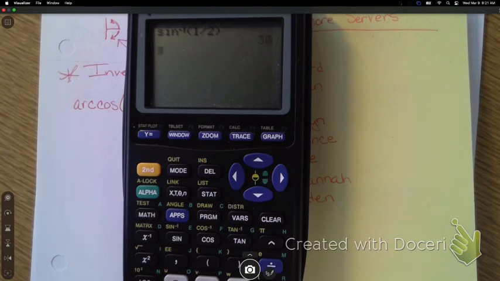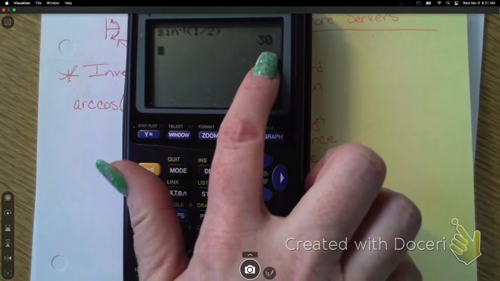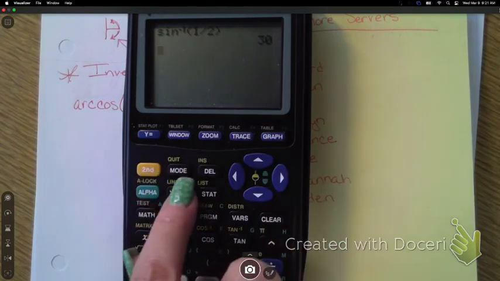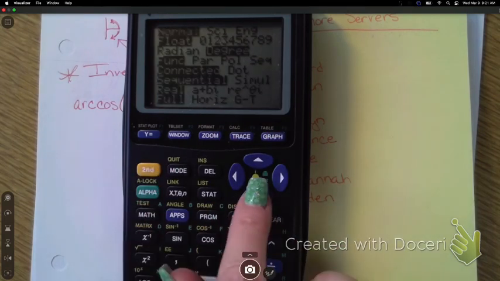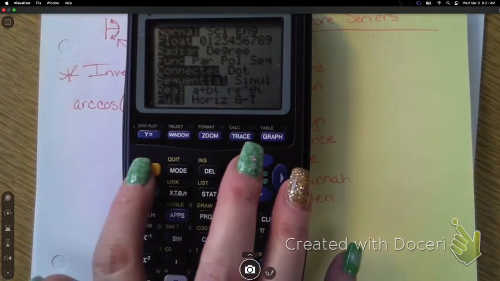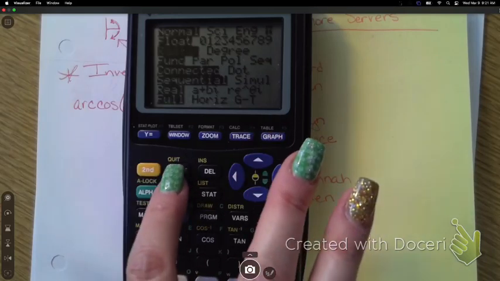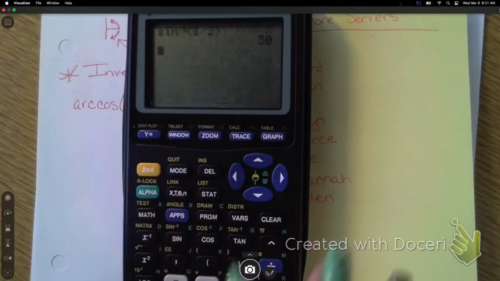You hit mode and then enter. Obviously, I'm in degrees, because I got 30. I think they want you in radians, so we'll do radians. And then to get out, you hit quit. So 0.5235, whatever.